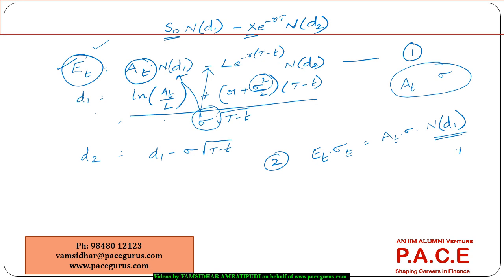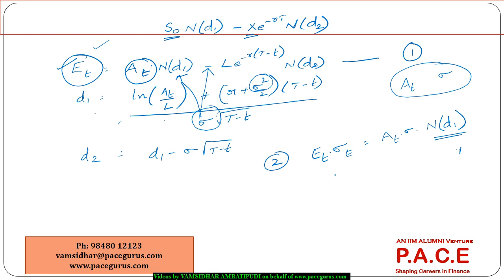In that case, the value of the equity times the volatility of the equity should be the same as the value of the asset times the volatility of the asset. So this relationship provides the support for our second equation.